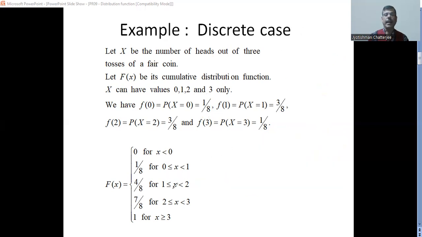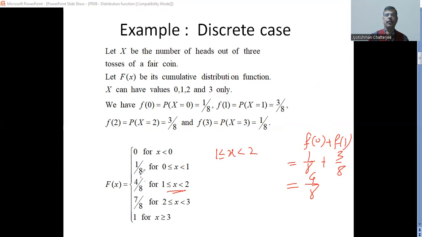Similarly, if you take any number with 1 less than or equal to x less than 2, then you will have to add only f(0) and f(1), that is 1/8 plus 3/8 equal to 4/8.